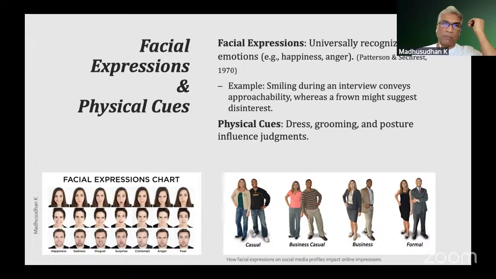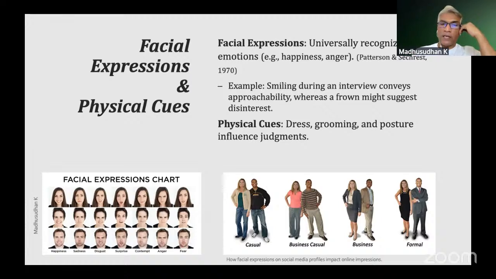Many people prefer black, but dark tan is what is preferred all over the world. Mostly dark tan is used, but some people simply pick black, thinking that it is most suited for any official environment. So dressing, grooming, and posture influence the judgment of the person who is sitting just opposite to us.